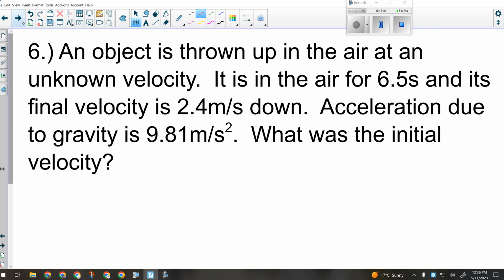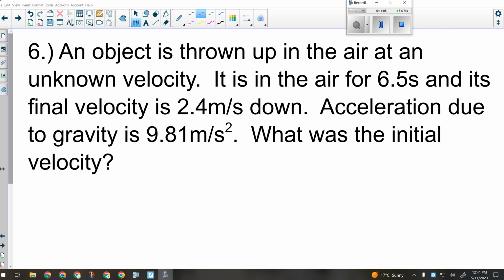It's similar. Instead of rolling it up a hill, I'm throwing it straight up in the air. What's the trick to this one? What do I have to remember about gravity?